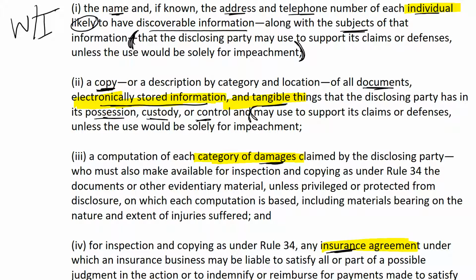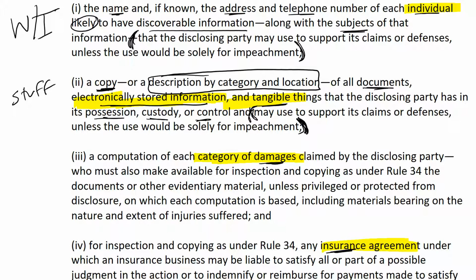And then there's that same caveat, or that same condition: may use to support its claims or defenses. We'll get back to that later. So here, you need to have stuff, right? Documents, ESI, tangible things. So you either have to give copies of this stuff, or you can just describe it. Description by category and location.